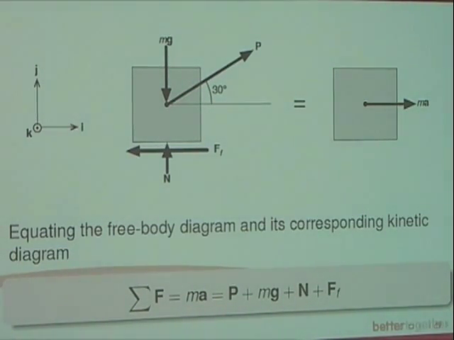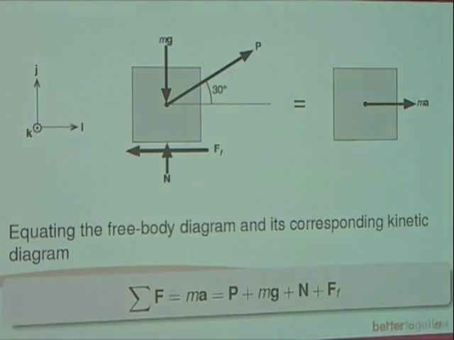Now you'll notice that we've got our coordinate system i, j, k here, and all the forces Ff, N, and mg are aligned along these axes. Okay, we've got mg in the j direction, N in the j direction, and the friction force in the i direction. But you notice that P is not along any of these axes.